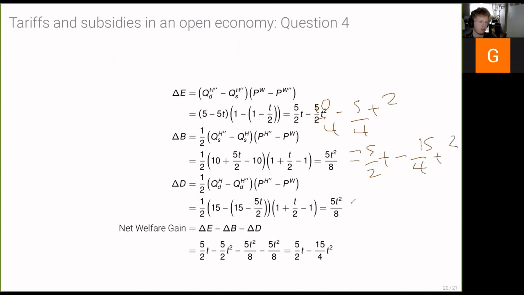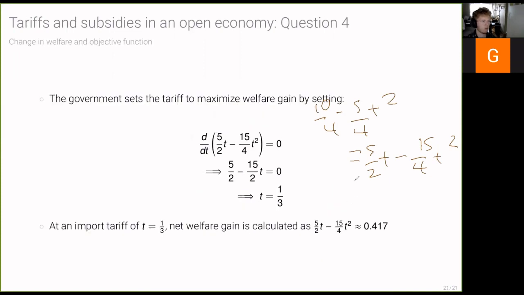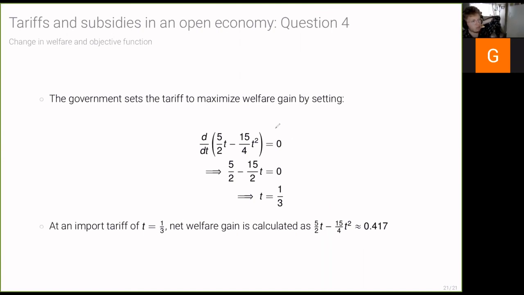Now, given this equation for the net welfare gain, which is 5 halves t minus 15 over 4 t squared, we want to set the tariff to maximize welfare. The way to do this is to take the derivative of this expression with respect to t and set it equal to 0.